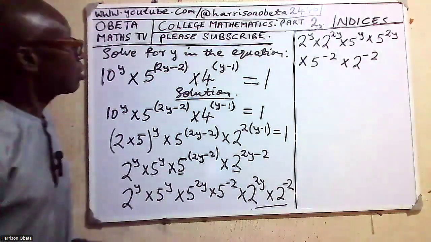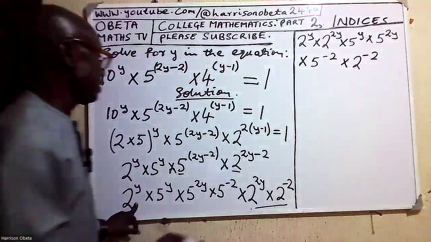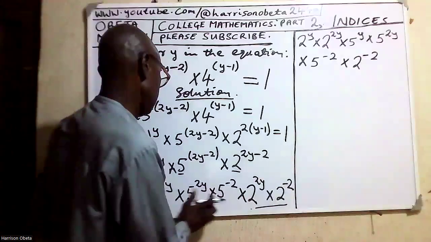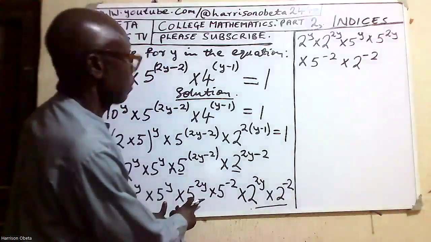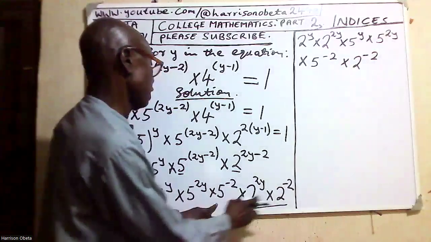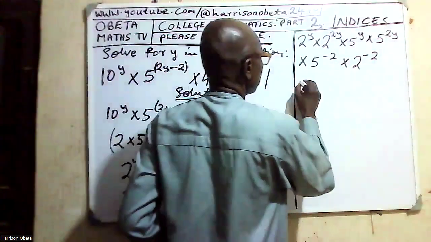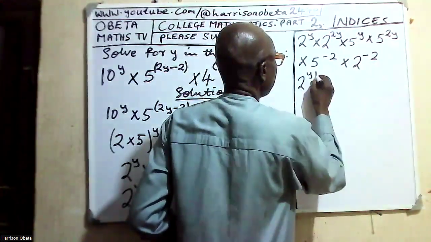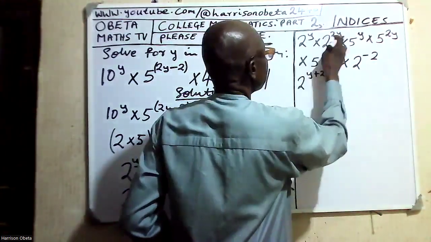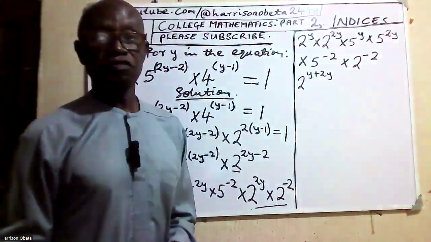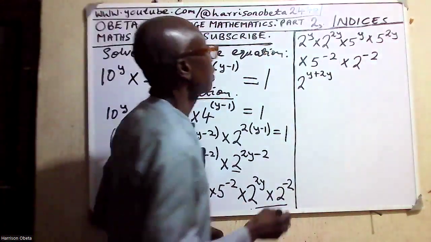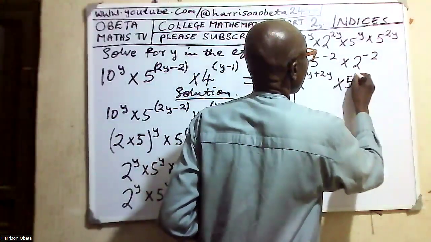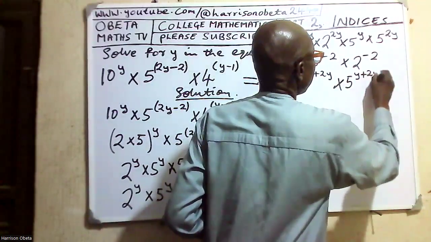Now we move on by simplifying. We have this and this, then this and this, and then this and this. That will give us 2 raised power y plus 2y, adding them from laws of indices, multiplied by 5 raised power y plus 2y.